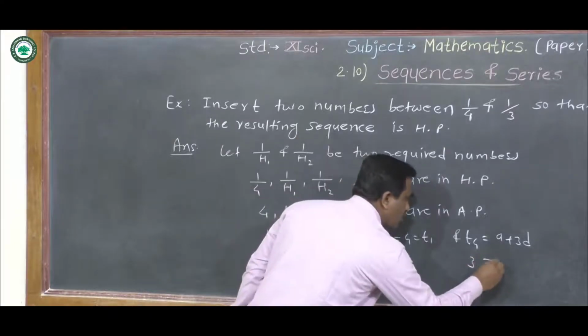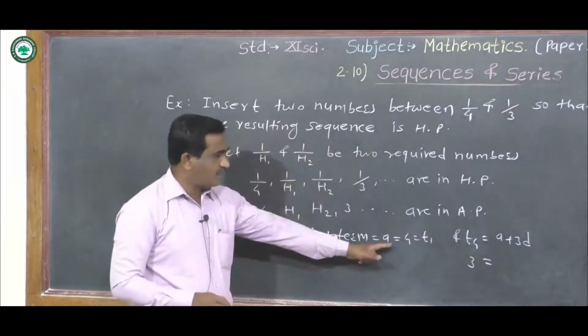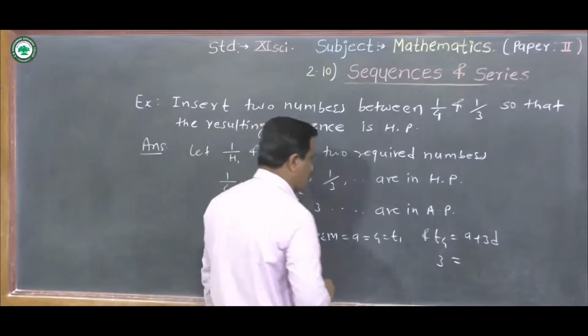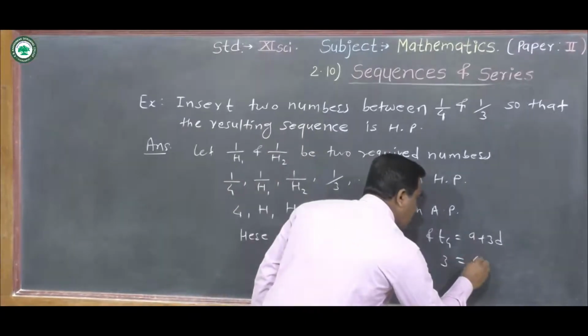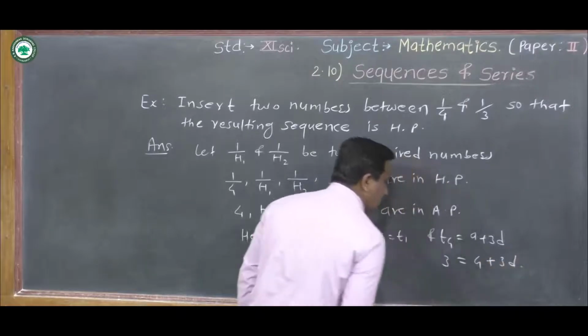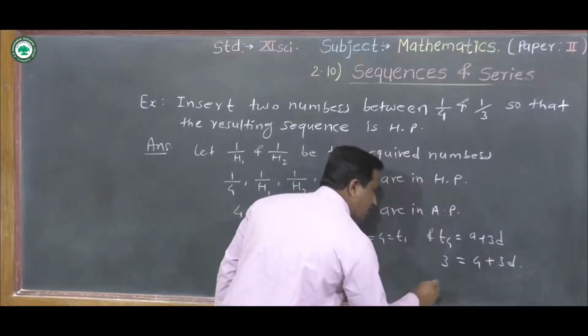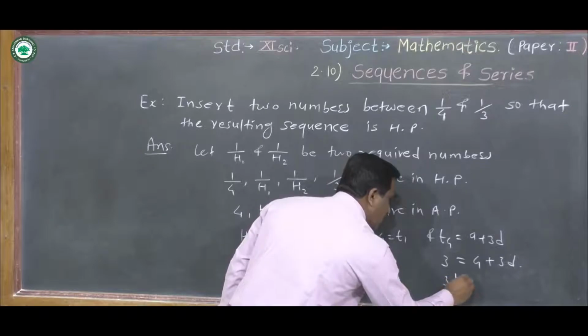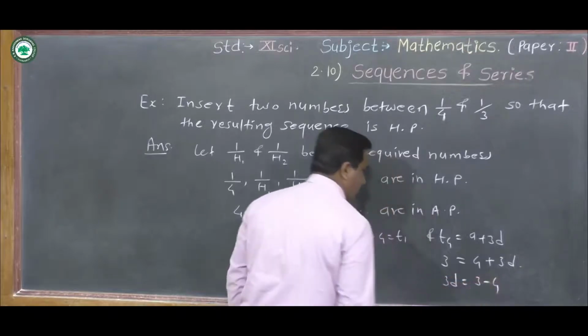3 is equal to the value of A is 4, first term of the arithmetic progression, 4 plus 3D. That is, we can find here D. 3D equal to 3 minus 4.